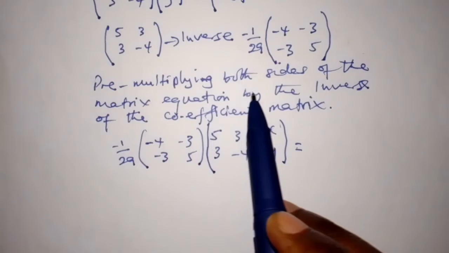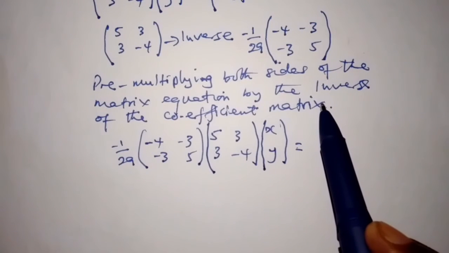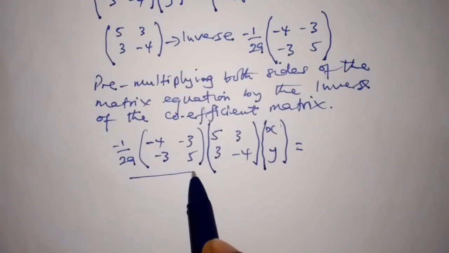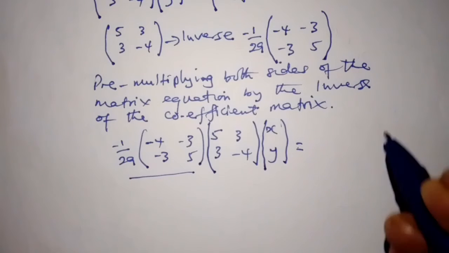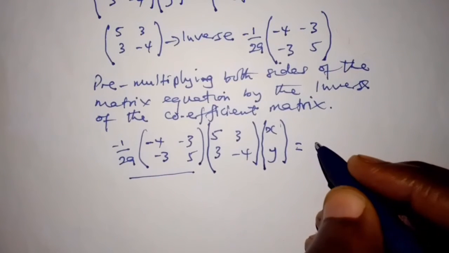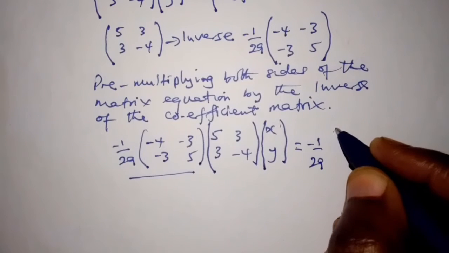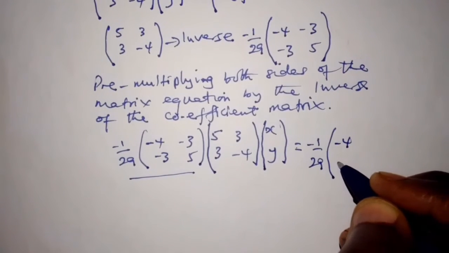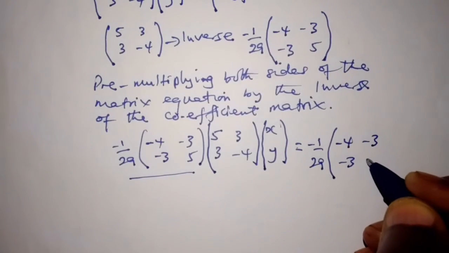we pre-multiply both sides of the matrix equation by the inverse of the coefficient matrix. So this is the inverse. This other side also we multiply by the inverse, negative 1 over 29, negative 4, negative 3, negative 3, 5.